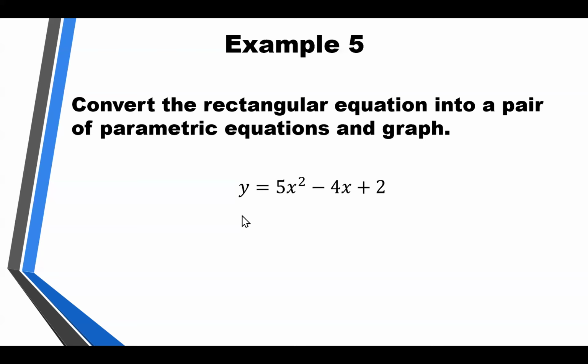So here's a nice quadratic equation that's already solved for y. Let's convert this rectangular equation into a pair of parametric equations. I think in this case, I won't graph. I'll just leave off the graphing.